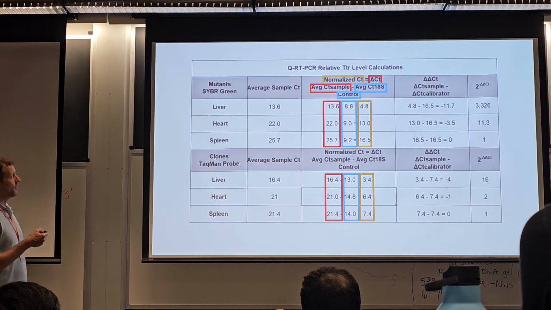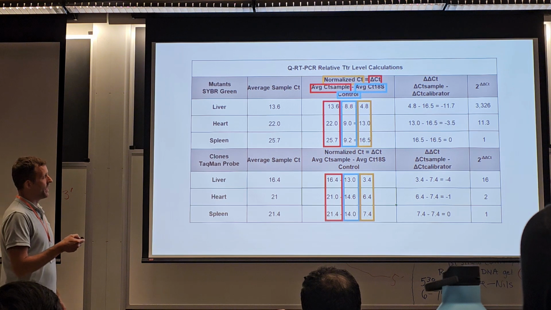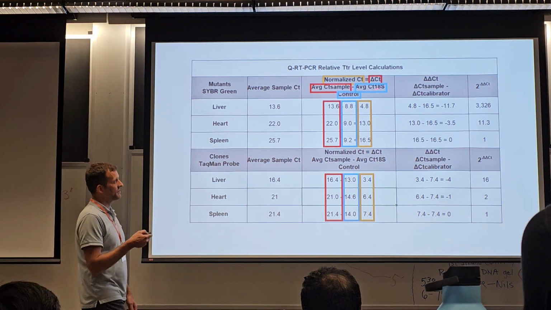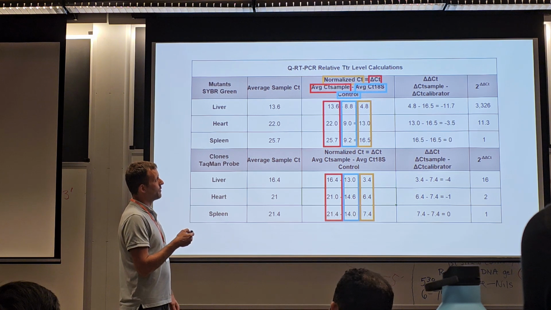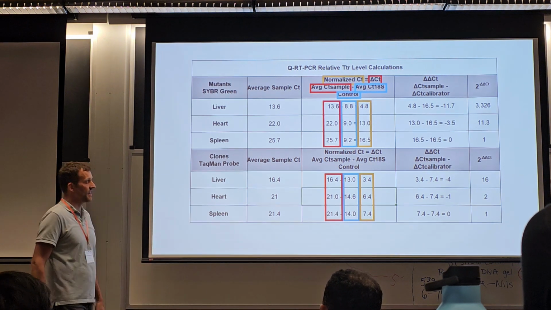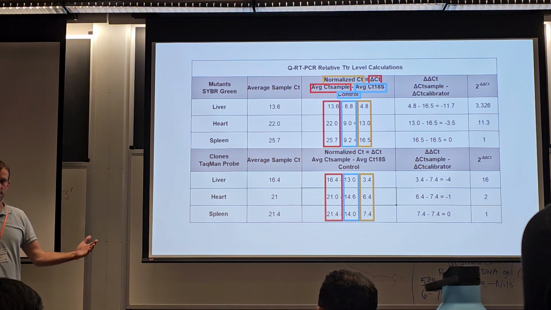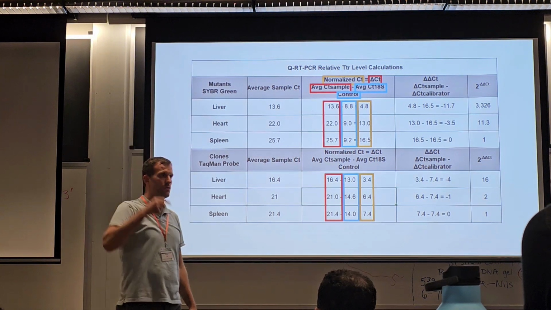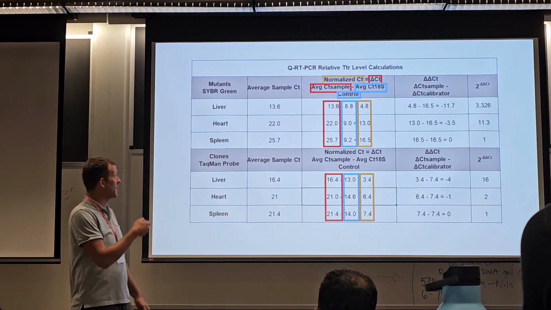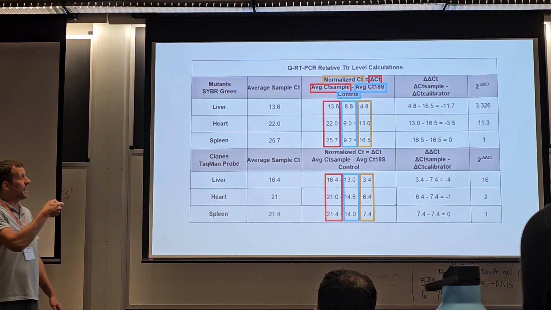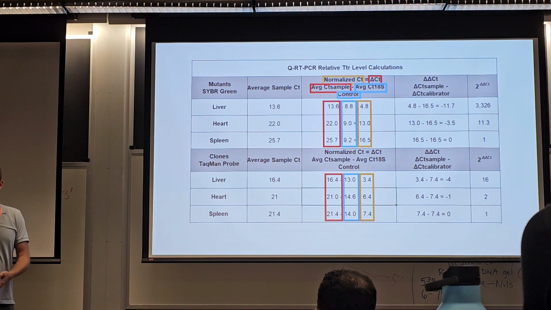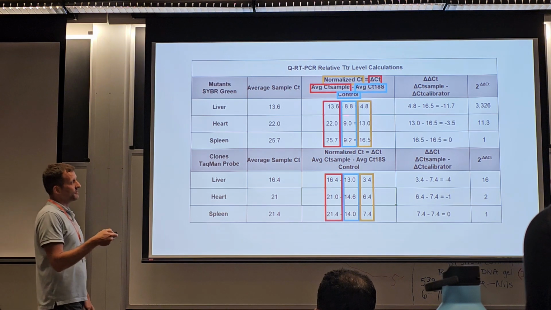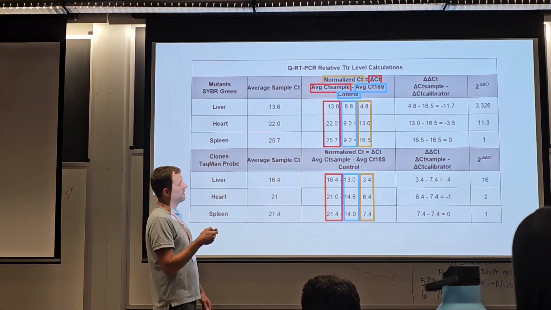So for liver, right, we had 8.8 as our CT average for the calibrator and 13.6 as our CT average for the TTR in liver. So your samples crossed the threshold on average at 13.6 in the SYBR Green lab, the mutant lab, for the liver samples. And that results in a difference of 4.8.